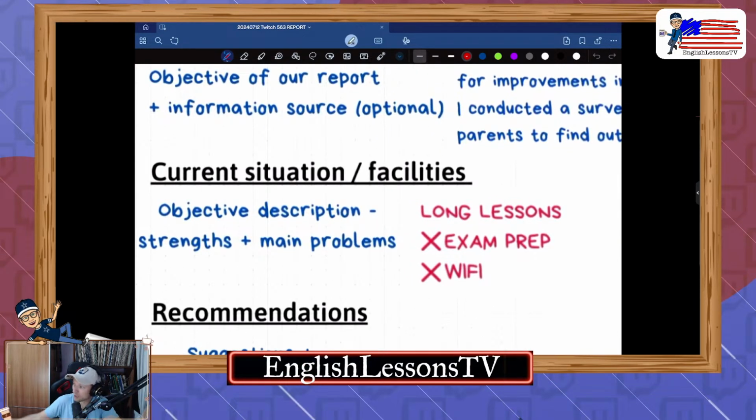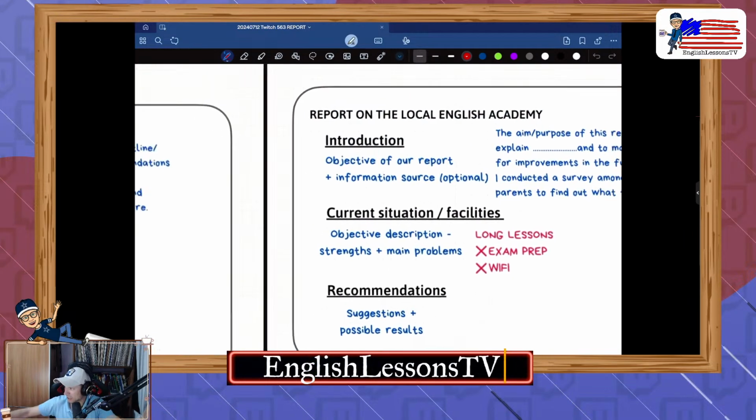So it could be that the lessons are too long, the exam preparation is non-existent, and they have no Wi-Fi. Let's take a look at that.